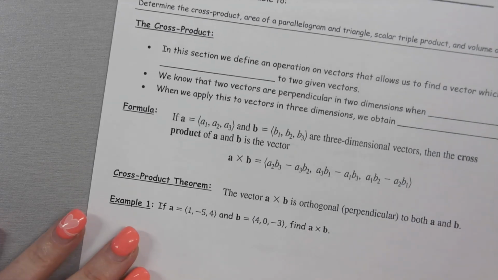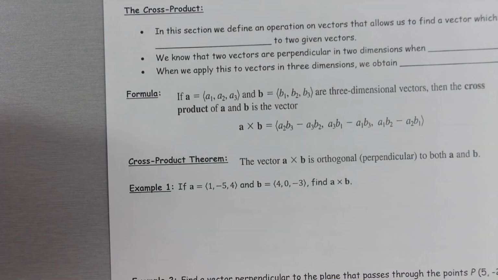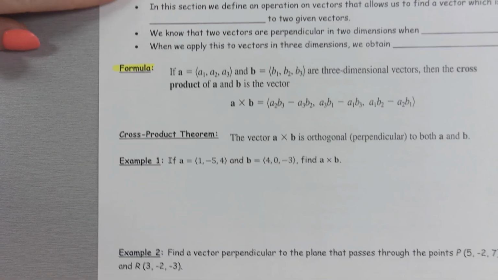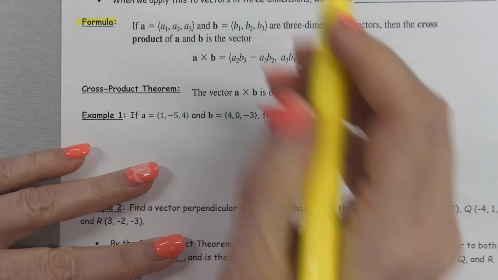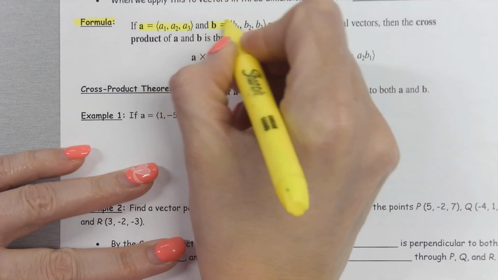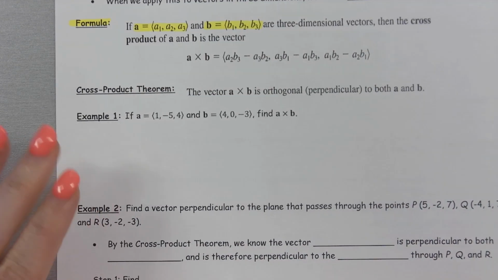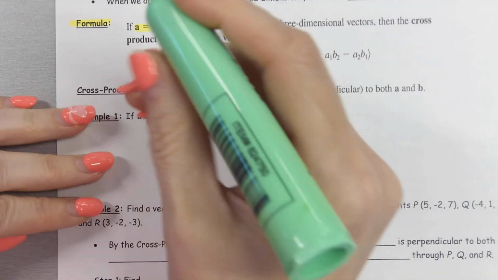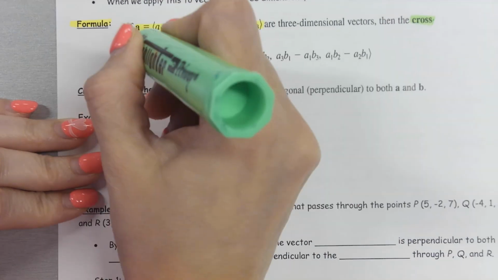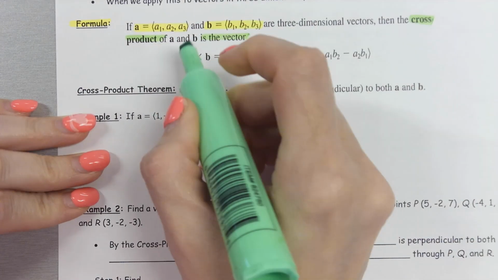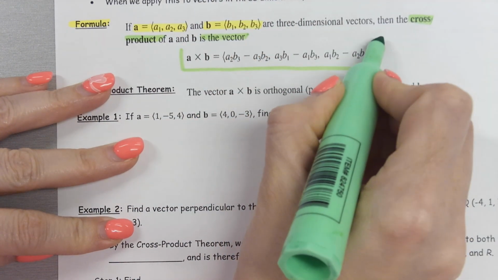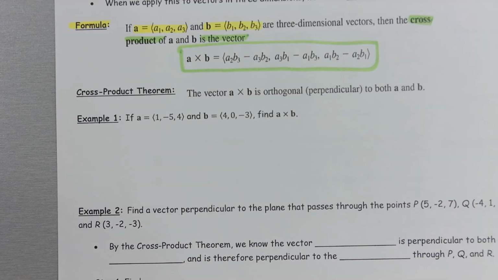Okay, so the formula for the cross product: we're going to use the 2 vectors A and B, and then the cross product is the vector formed by this formula.